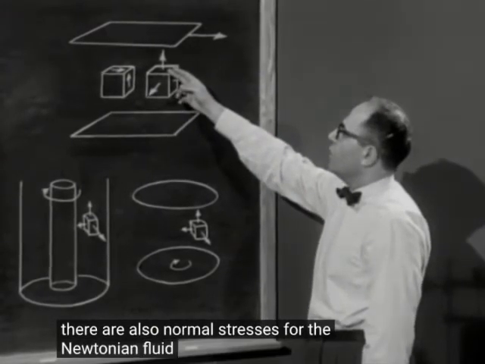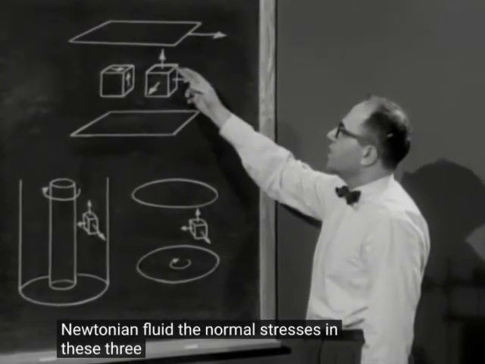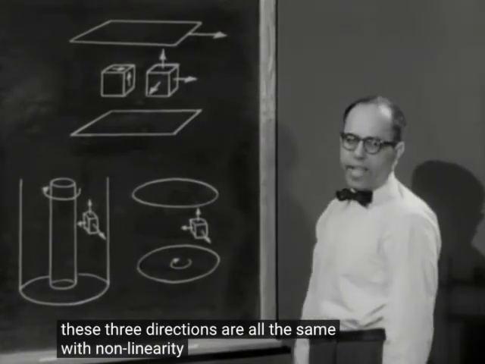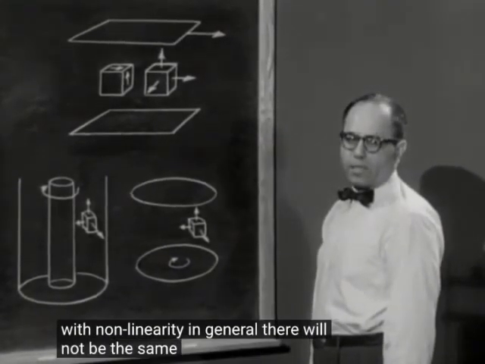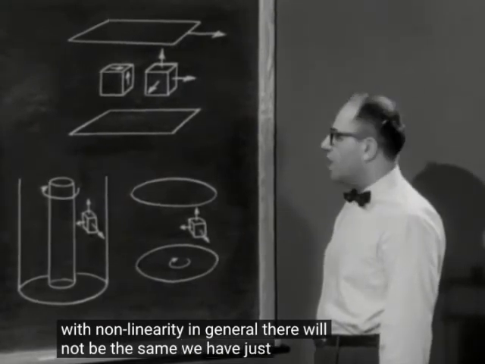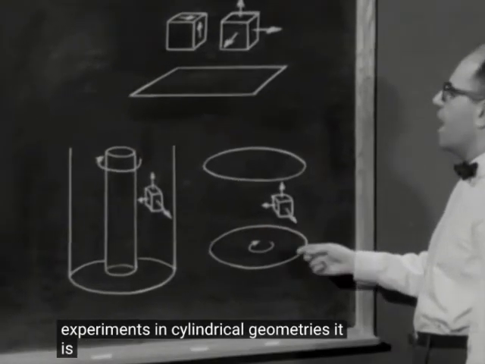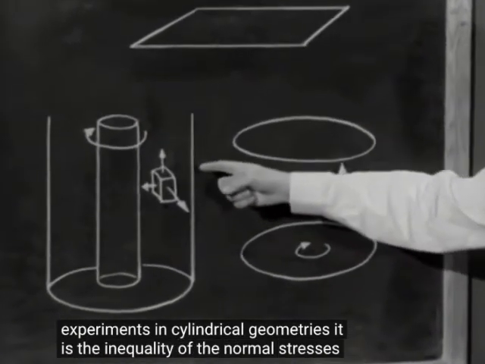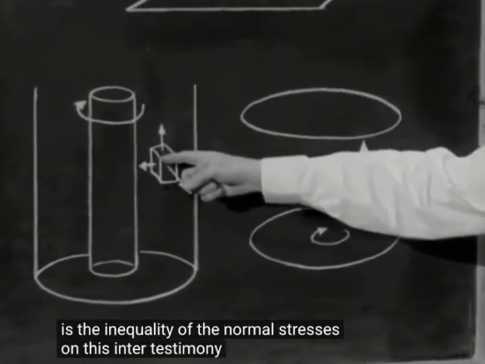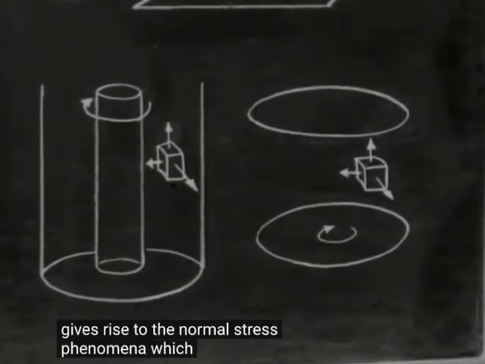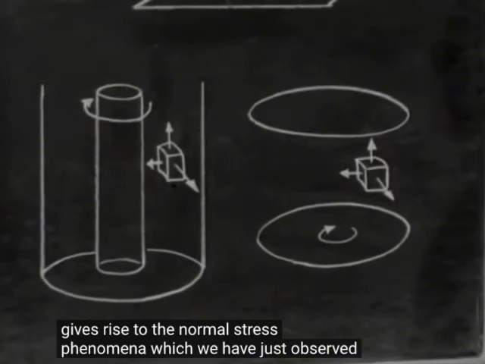For the Newtonian fluid, the normal stresses in these three directions are all the same. With nonlinearity in general, they will not be the same. We have just seen some experiments in cylindrical geometries. It is the inequality of the normal stresses on this infinitesimal volume element that gives rise to the normal stress phenomena which we have just observed.